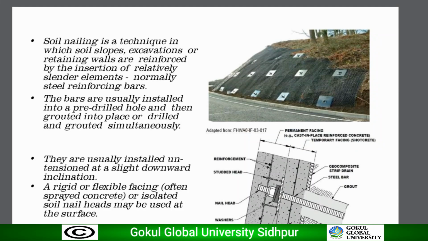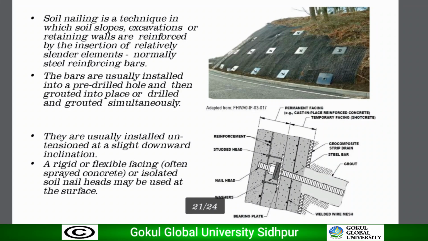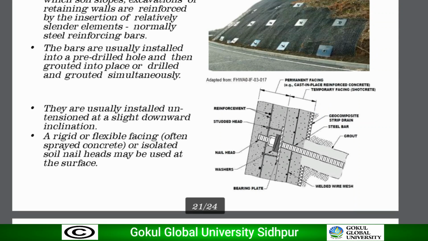Nowadays soil nailing is a technique in which a soil slope, excavation, or retaining wall is reinforced by the insertion of relatively slender elements, normally steel reinforcement bars. They are usually installed in pre-drilled holes and then grouted with concrete, and a rigid or flexible facing or isolated soil nail heads may be used at the surface to retain the earth slope material.